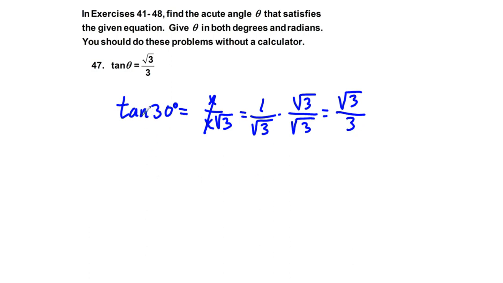So since the tangent of 30 degrees equals square root of 3 over 3, we can conclude that theta is equal to 30 degrees. And in radians, theta is going to be equal to pi over 6 radians.